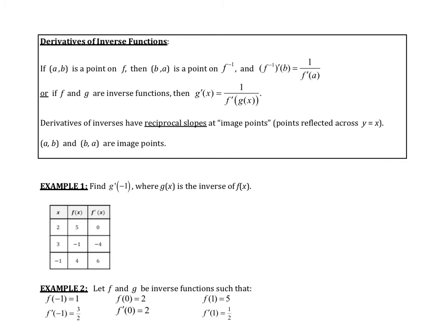Their image points are reflected across the line y equals x. So AB becomes BA. We've seen all of this.